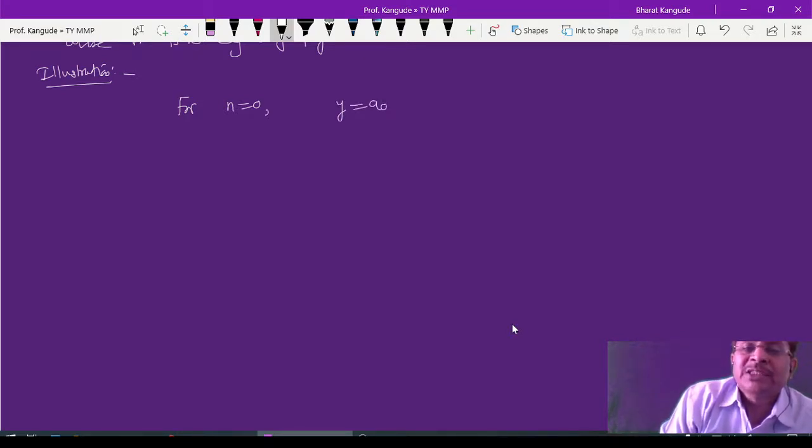Now the highest power of x is 0, x raised to 0, but x raised to 0 is 1. Therefore y is equal to a0 multiplied by x raised to 0. This is the highest power term, and this coefficient a0 should be equal to 2 raised to 0, that is 1.